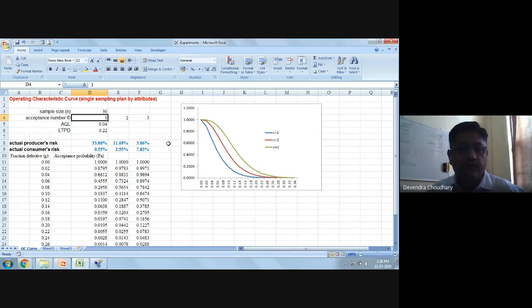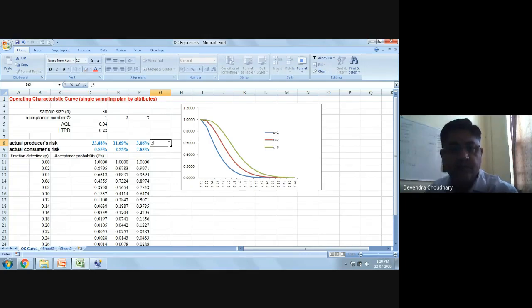Now you know that producer risk should not be more than 5%. It should be less than 5%. It should always be less than 5%.